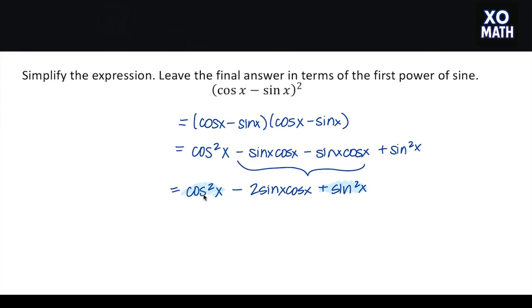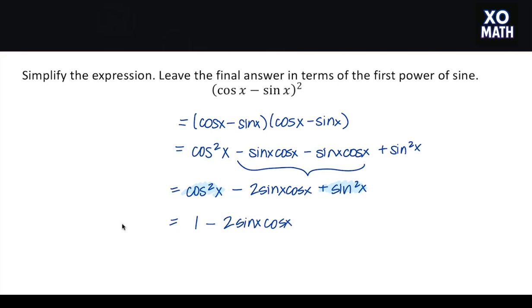That's a Pythagorean identity. So we are able to eliminate the powers that are higher than 1 here, cosine squared and sine squared, by recognizing that identity. So those are going to become 1 minus 2 sine x cosine x.